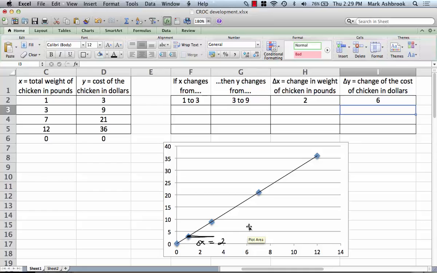And when we do that, what's the result? Yes, $6 increase. You see? So this little triangle is showing a change in x, and then the simultaneous change in y. So you got this change in x of 2, and then y will go up 6 simultaneously.